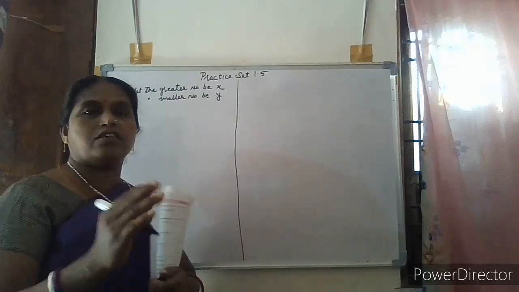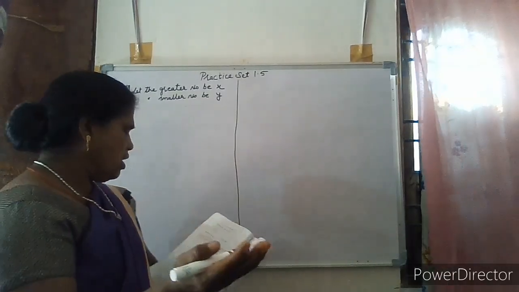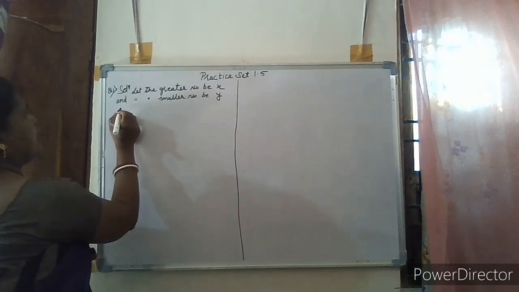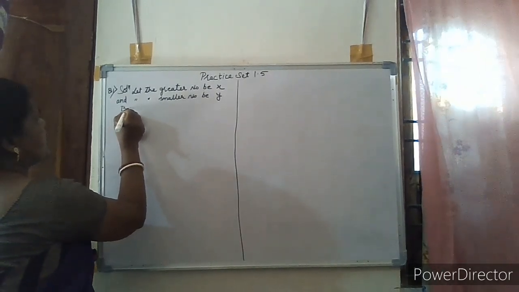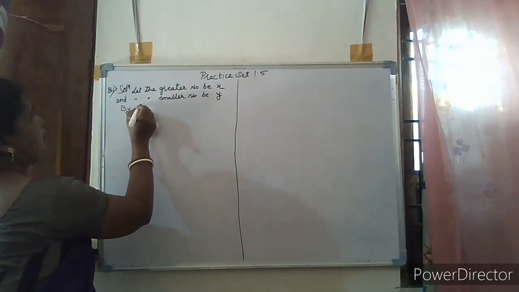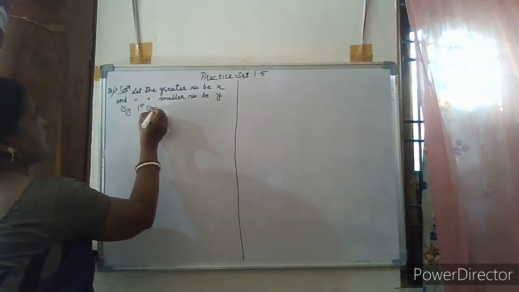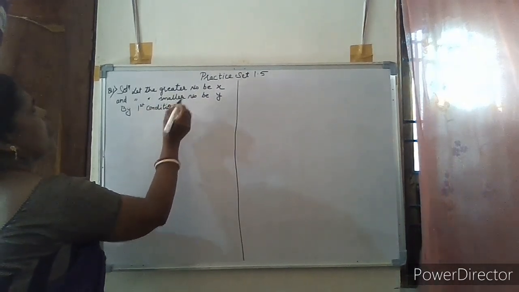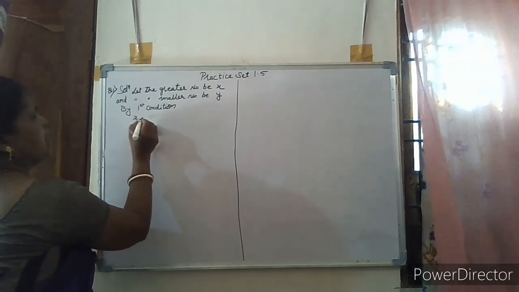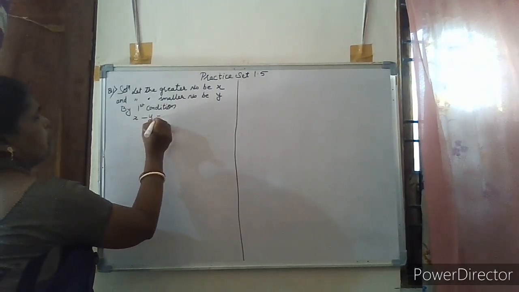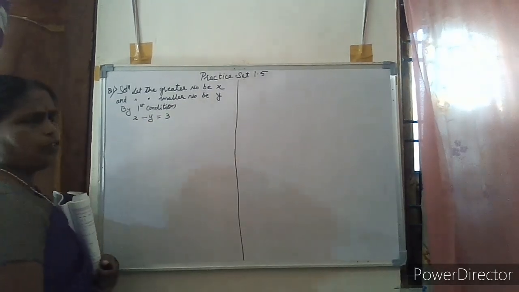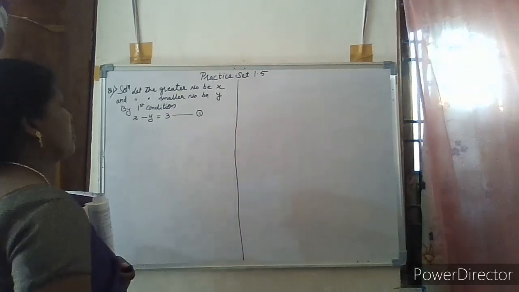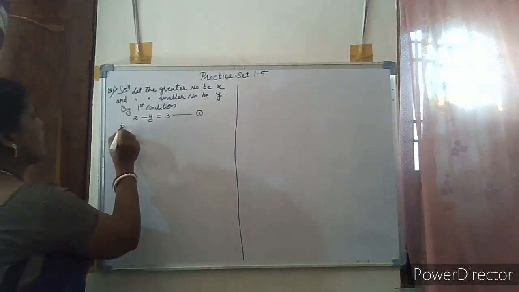Two numbers differ by 3. That means the greater number minus the smaller number. So by the first condition we get x minus y is equal to 3, the greater number minus the smaller number differ by 3. This is equation 1.